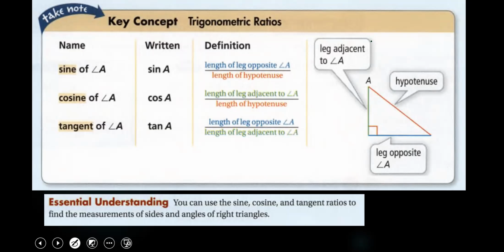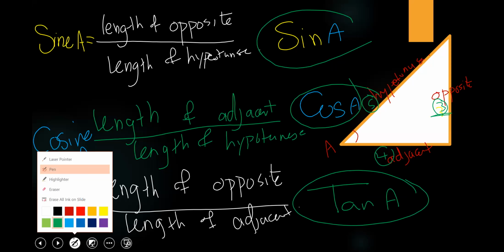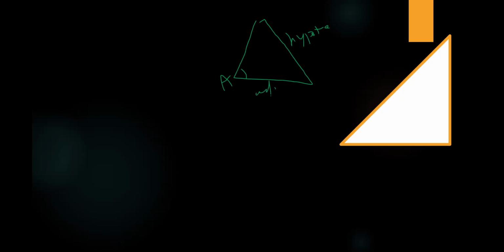So the Pythagorean theorem is used to find the sides only. The trigonometric ratios are used to find the angles and the sides. For right triangles, you cannot use them for this one here. As an example, if you have A, we cannot say this is the hypotenuse and this is adjacent.